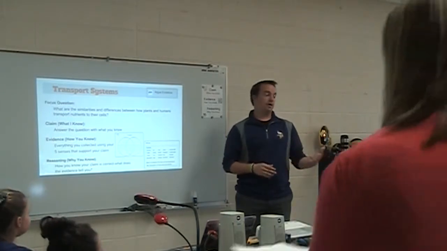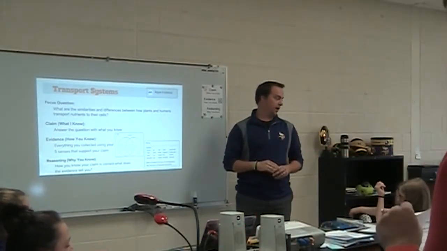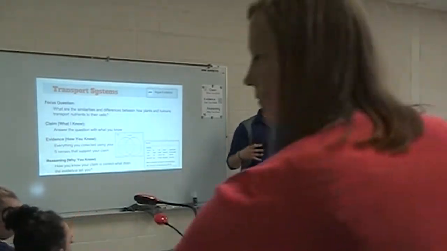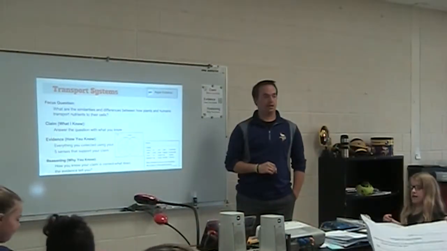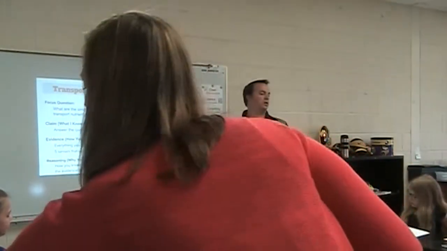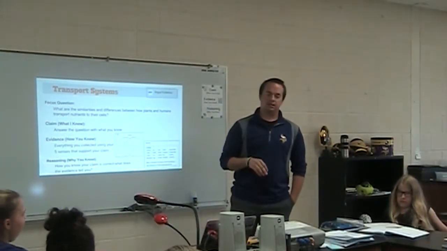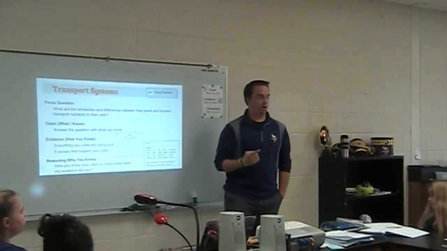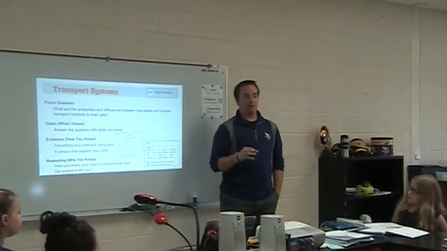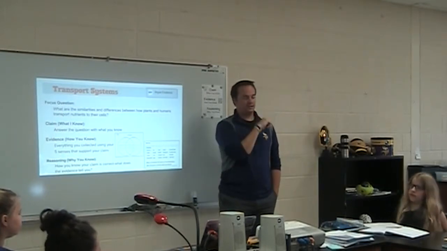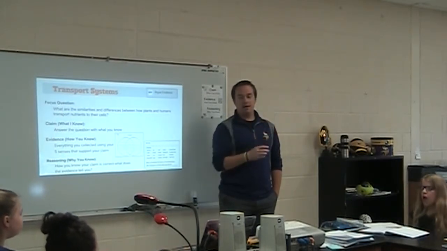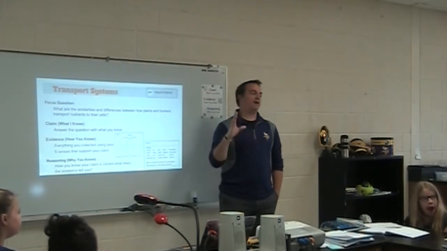Okay, so that's a big thing that we're going to utilize. We're going to look back at that to help us justify our claim, help us find some reasoning. We didn't specifically do anything huge with plants, but we did read a story that's going to help us a lot. Okay, and we talked about the different types of veins that leaves have and how it transports things. Do you remember one of my favorite words?